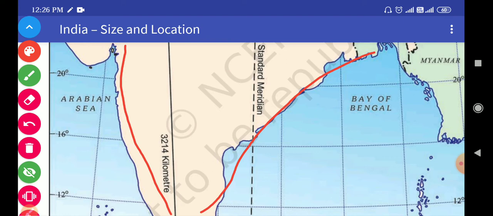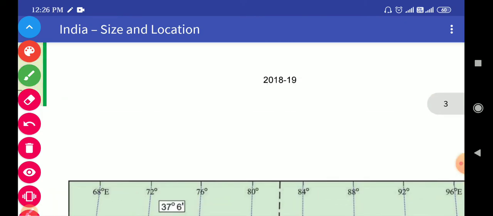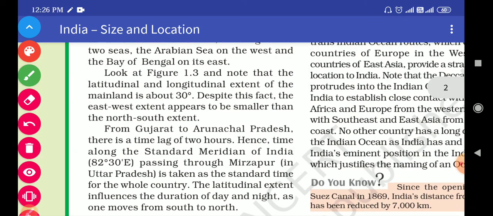So the land of India, meaning the peninsular part of India, becomes taper, and because of that it extends into the Indian Ocean, by which it creates two water bodies: in the west the Arabian Sea and in the east the Bay of Bengal. I think this one is also clear. Now see what is the next.